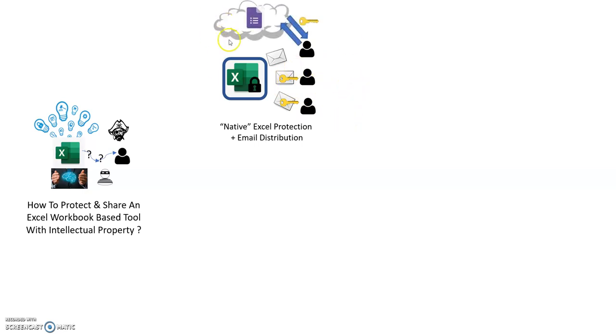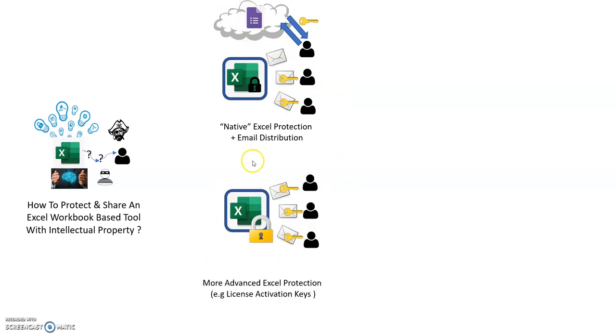You could get fancy and automate the password provision through a service like Google Forms. We'll also look at specialist tools that allow you to do license activation, where you can set a trial period or require registration before you can open it.